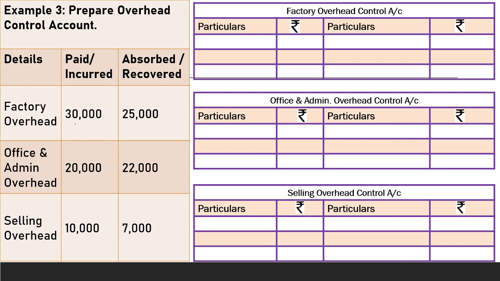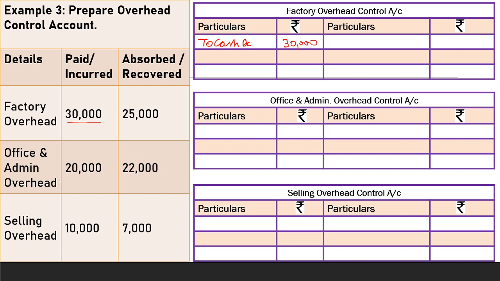We have to do the ledger posting of overhead account. First we take the examples related with general entries of payment of overheads. All the overheads and expenses are debited. So on debit side we write our first overhead is factory overhead, which we pay 30,000. So on debit side we write to cash account 30,000 rupees.